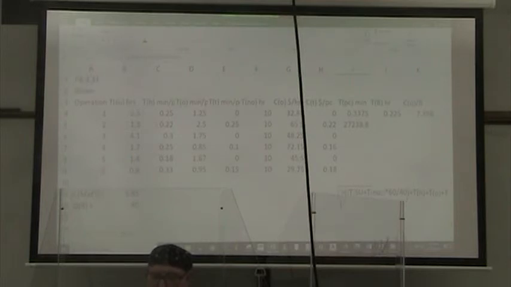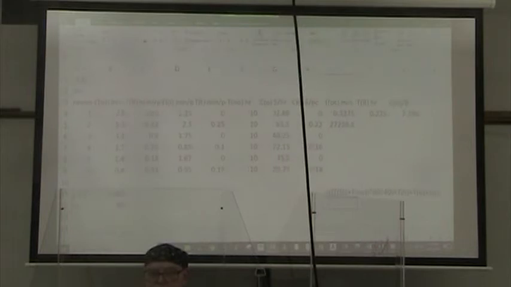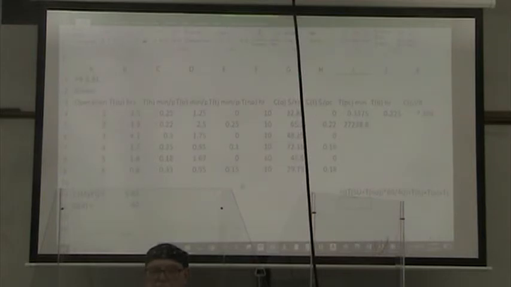Tool time. It's just way too easy to get... all right. And another right parenthesis, and that would be our time per piece in minutes.